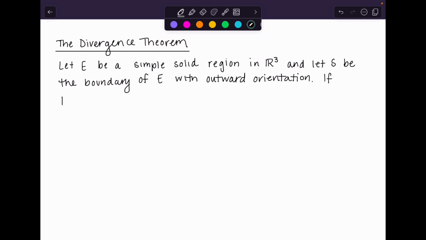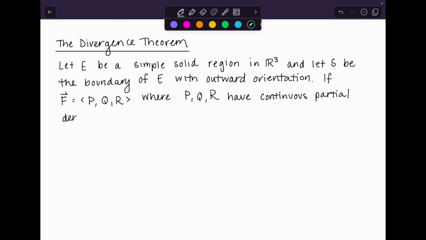If we have some vector field F, which is given by the functions P, Q, and R, where these have continuous partial derivatives, specifically on an open region containing E. So essentially, all of these partial derivatives will be defined on that surface itself.